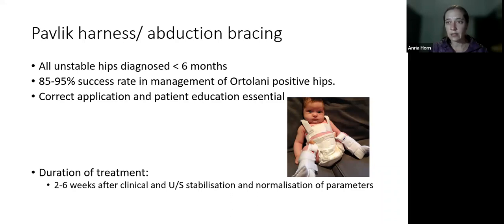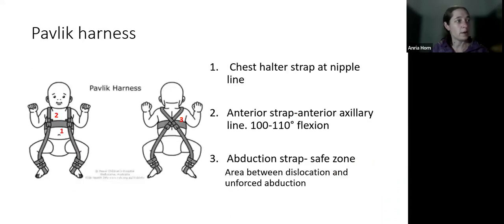Correct application and patient education are key, as there are risks involved, although very low: femoral nerve palsies and avascular necrosis. Treatment continues 2 to 6 weeks after clinical and ultrasound stabilization and normalization of parameters. So there's no set amount of time. It's until it comes right, or if it doesn't, you abort.